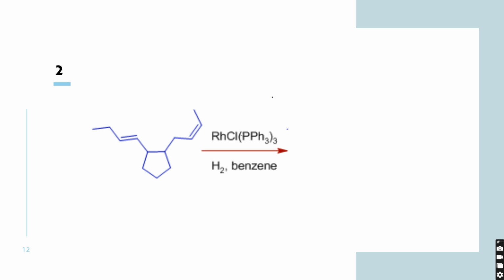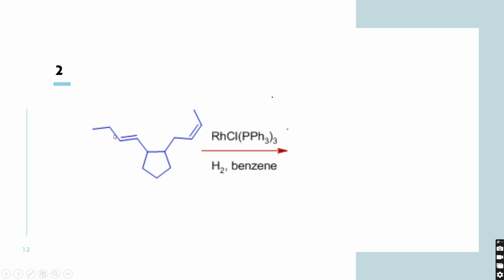Then coming to the topic of reduction. Okay, and reduction using rhodium metal complexes we are going to see in this question. Imagine we are given only one equivalent of this rhodium metal complex, and if you look at the substrate, we have two double bonds.